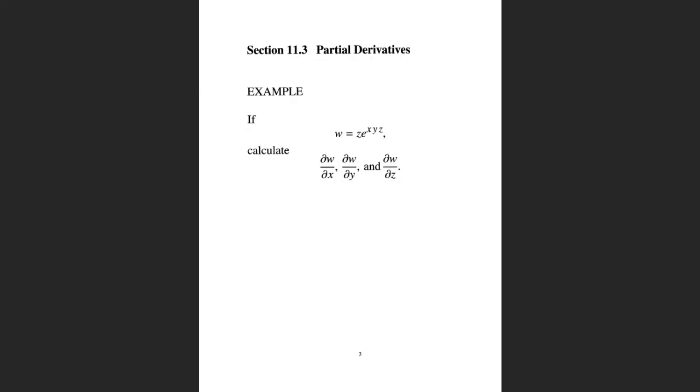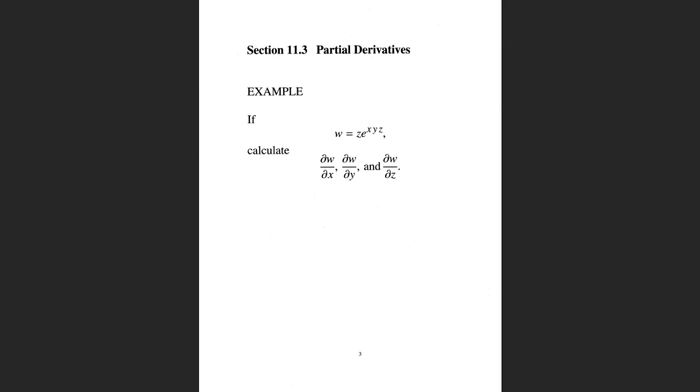So in this problem, w is a function of how many variables? 3, that's right. Then you would have 3 partial derivatives that you can find.